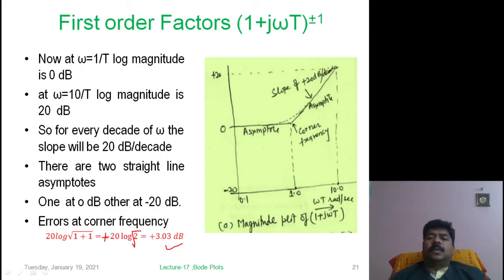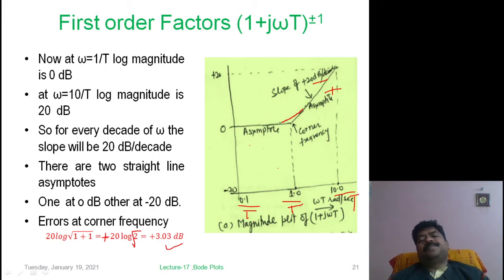So the first part means the lower frequency part. Say this is 0.1 by T, this is 1 by T, and this is say 10 by T. So for the lower part, it will be at 0 dB, and after that the slope is plus 20 dB per decade, and at the corner there will be an error, that error is plus 3, so that in the actual case the curve will pass through this point that has been shown.